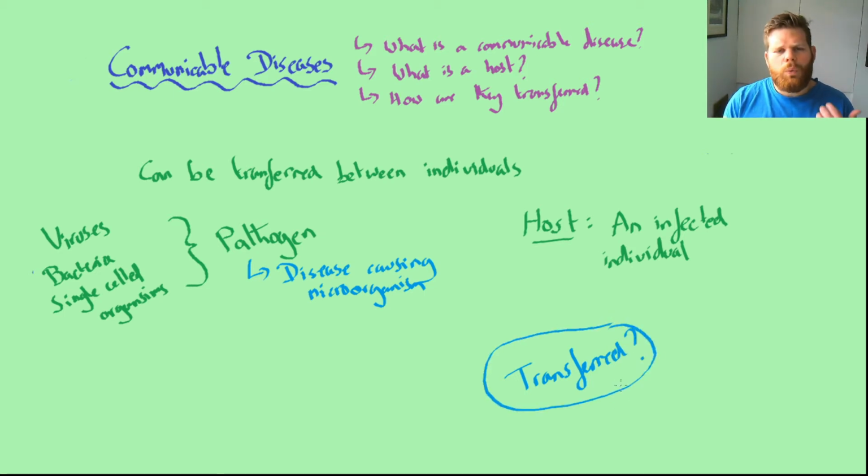When we're thinking about the transfer of diseases and these pathogens, the one that probably everybody's aware of at the moment is COVID-19, which is in the news. We're all talking about washing our hands, making sure we're nice and clean, and covering our faces in areas where we can't social distance. The reason for that is that COVID-19 is transferred between organisms through droplets.